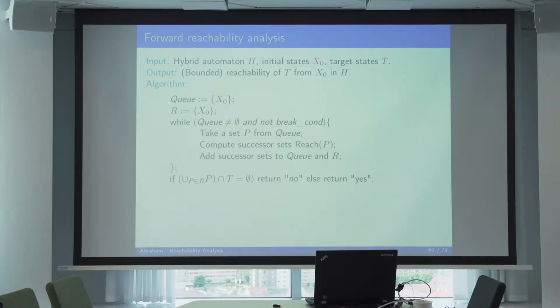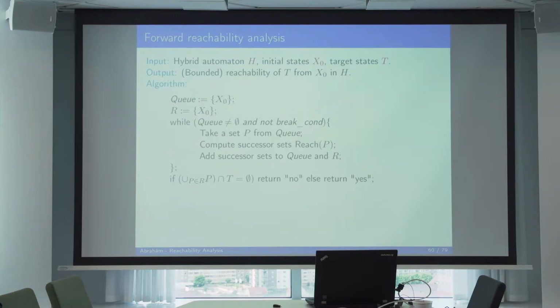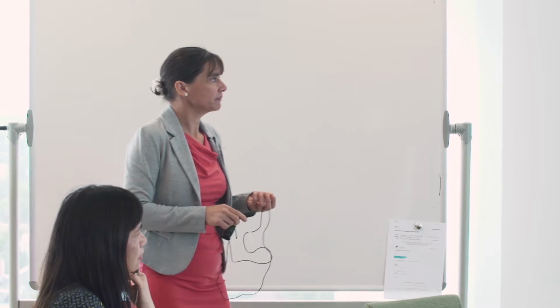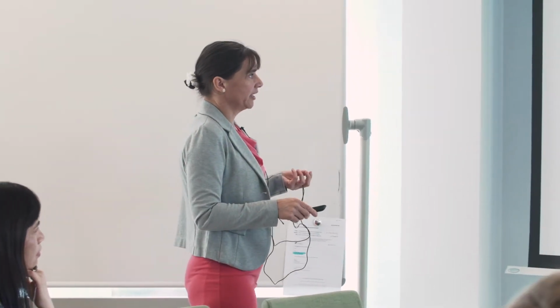And here in R, we will store a set of states whose union covers the reachability within a certain amount of time and jumps. So now we always take an element from the queue whose successors we need to compute, as long as it is not empty and some other conditions are not yet satisfied. For example, if I want to compute only for a certain number of jumps, so discrete transitions, or a certain total time, or some resources like a timeout.